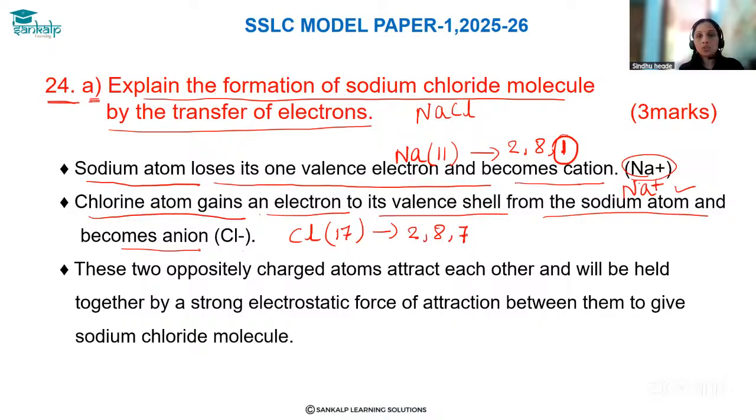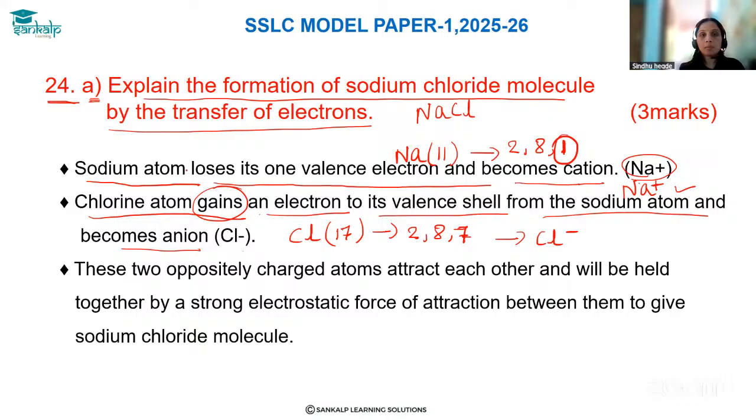In the outermost shell, it contains 7 electrons. So it requires one more electron to complete this shell. Hence, it receives the electron from sodium. So it gains an electron from the sodium and chlorine becomes Cl minus.